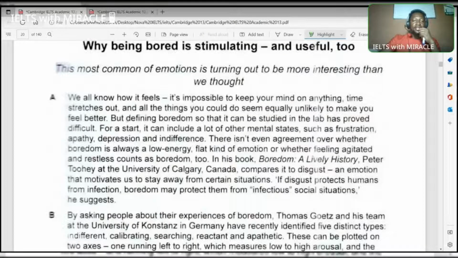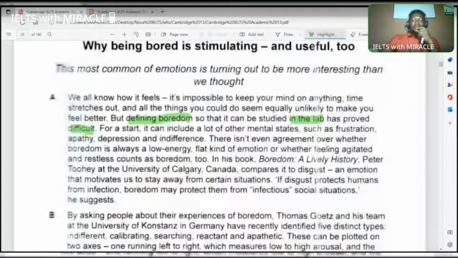But defining boredom so that it can be studied in the lab has proved difficult. Oh, very good. Has proved difficult. And so they now start explaining why it has proved difficult.